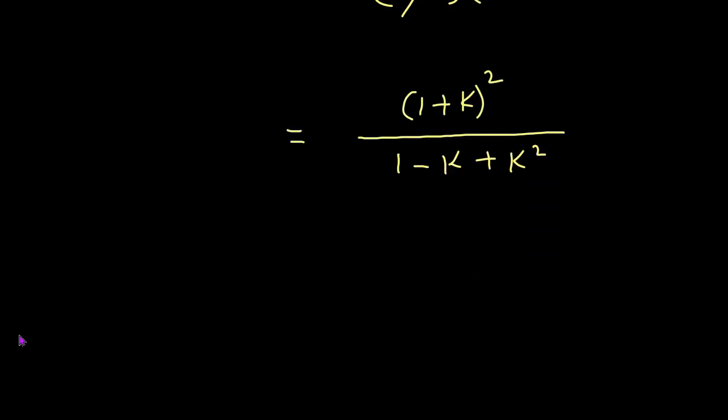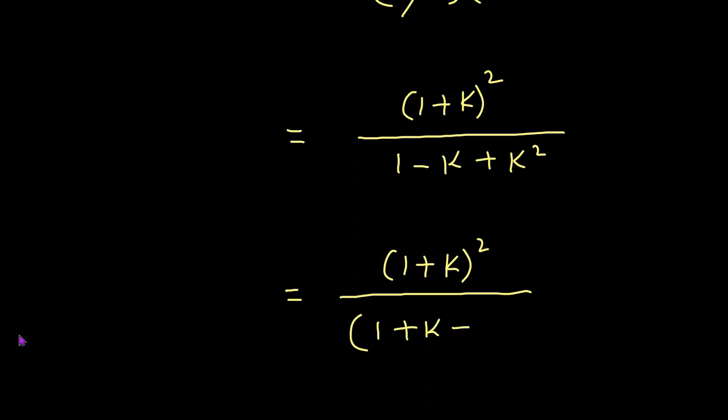We'll try to make an (a + b)² in the denominator. So we can write (1 + k)²/((1 + k)² − 3k), where we write it as 2k − 3k.